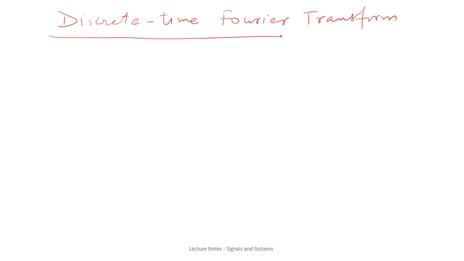Now in this lecture we will talk about the next topic, which is the discrete time Fourier transform. This is the last topic of this unit. In this unit we talked about the Fourier series, that is the continuous time Fourier series as well as discrete time Fourier series.